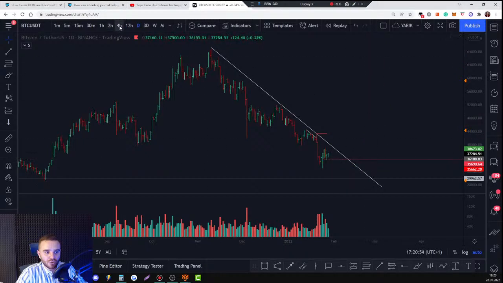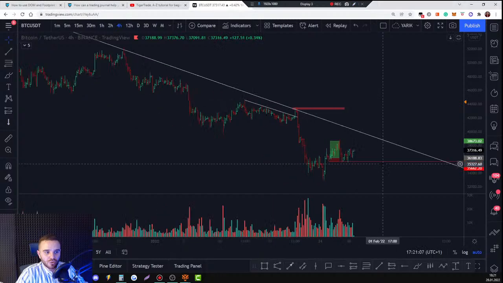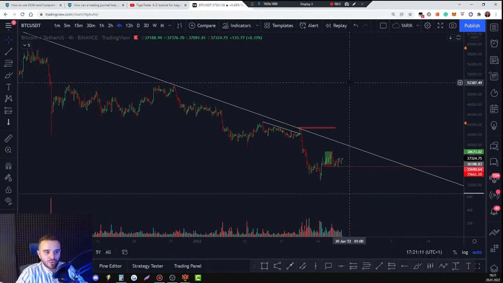But remember that there could be a situation that price would never reach that level, because the big guys that would dump Bitcoin also know about those pending orders. And if those pending orders are retail orders, for big guys there is no interest to sell at 30K to some retail guys for them to make money.